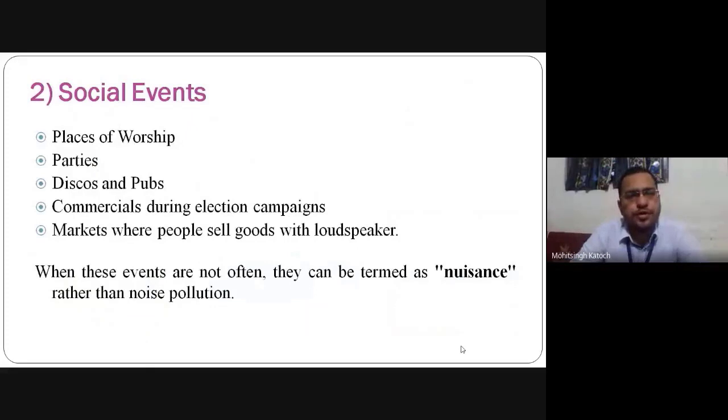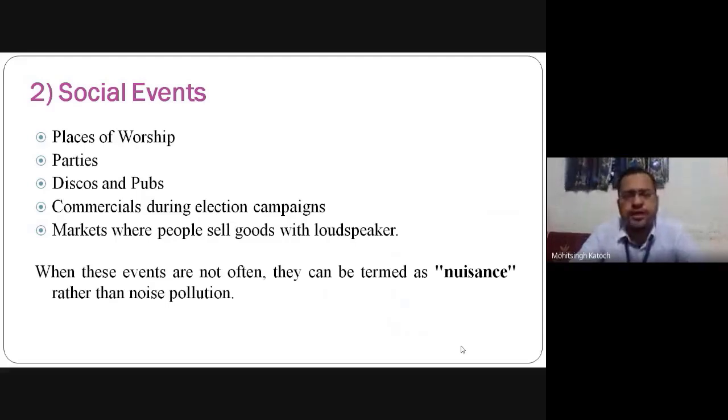Second source of noise pollution is the social events. It includes various places of worship, various parties, discos and pubs, various commercials which are operated during election campaigns, and markets where people sell goods with loudspeaker. One point to remember here is that when these events which are listed in this social event are not often, they can be termed as nuisance rather than noise pollution.